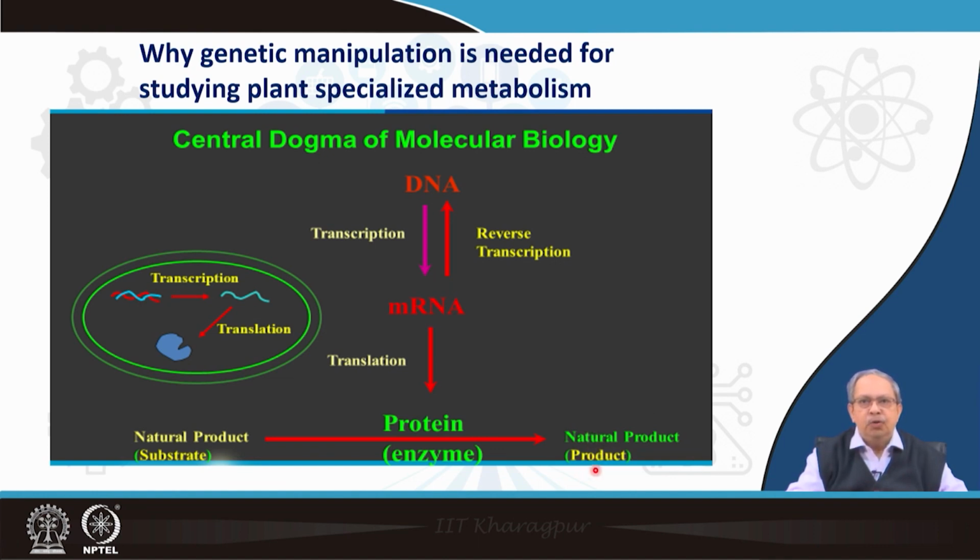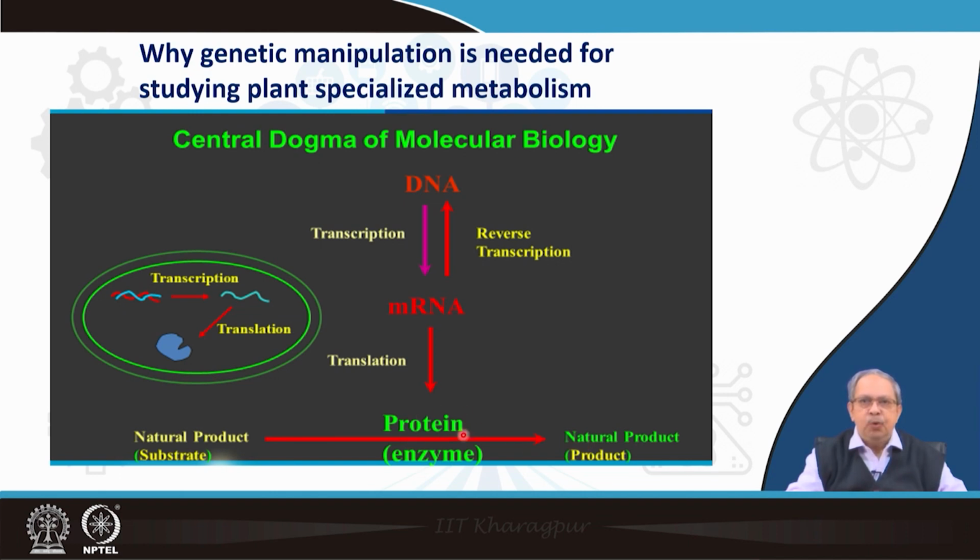The product is formed mostly as a result of an enzyme catalyzed reaction. Enzyme is a protein, and the reaction requires a substrate. The substrate is again another natural product, and through enzyme catalysis that substrate gets converted into the product.